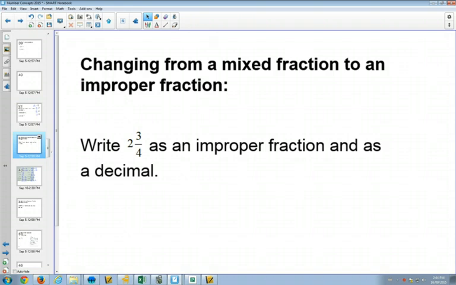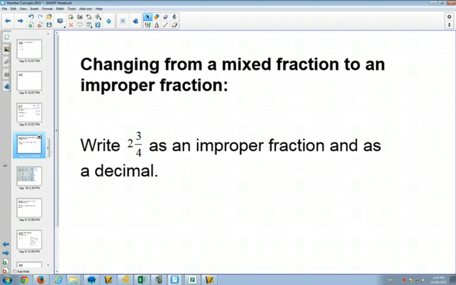So if we want to change a mixed fraction to an improper fraction, basically what's happening when you have 2 3/4, first I'm going to show you the steps and see if that helps you remember what that is. And then I'm going to show you with a real life example so that hopefully it makes sense why we do what we do.